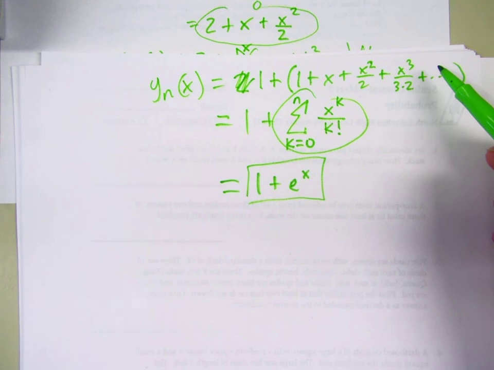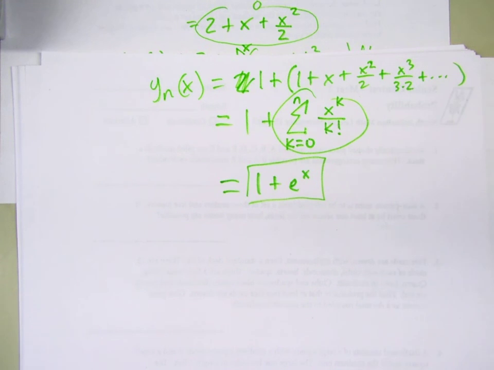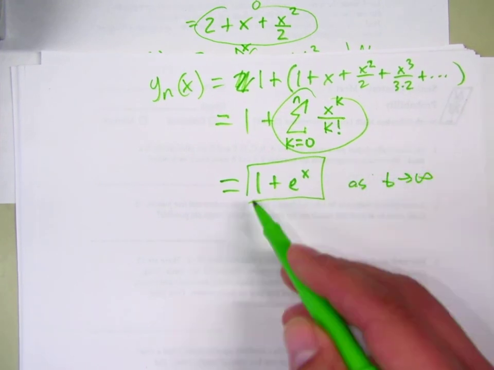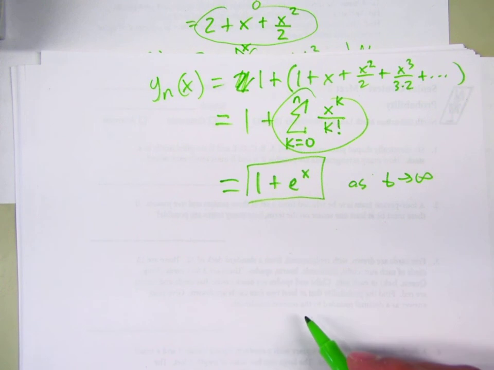If you see terms missing, that's either going to be a sine or a cosine, right? Like if it's to the first, to the third, to the fifth, or if it's 2, 4, 6, 8. Okay? So as n goes to infinity, this is your solution for the IVP. Okay?